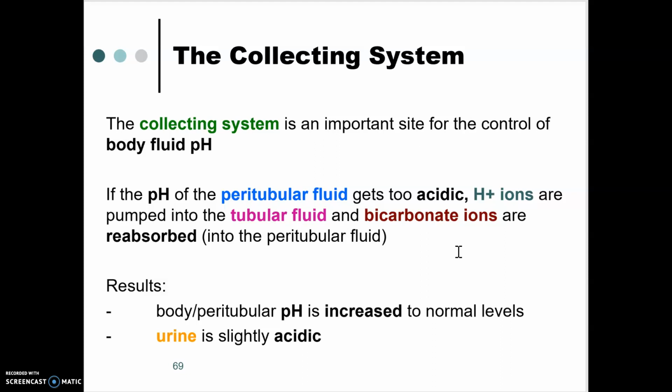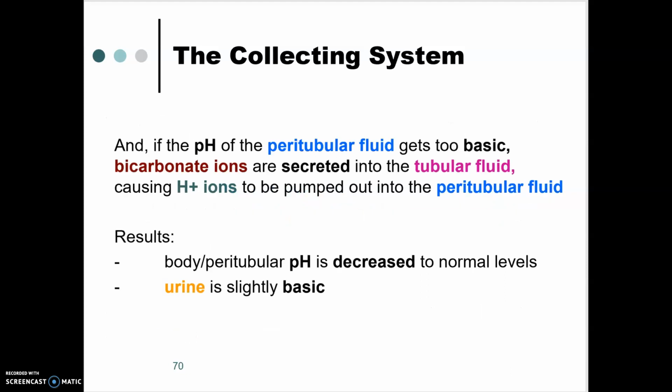As a result of that shift, you're going to see the body or peritubular fluid pH increase, so it'll go a little bit more basic, and then you'll see the urine become slightly acidic. So our body is constantly making these fine-tuning mechanisms in order to control the pH of our bodily fluid and urine.